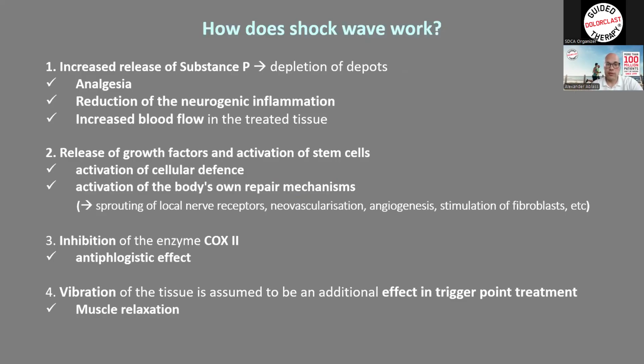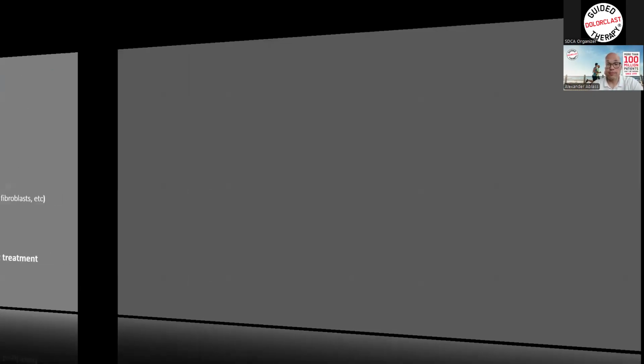Then the release of growth factors and activation of stem cells, activation of cellular defense, and activation of the body's own repair mechanisms, like sprouting local nerve receptors, neovascularization, angiogenesis, stimulation of fibroblasts. Inhibition of COX-2, so we get a slight antiphlogistic effect, and of course, the muscle relaxation.